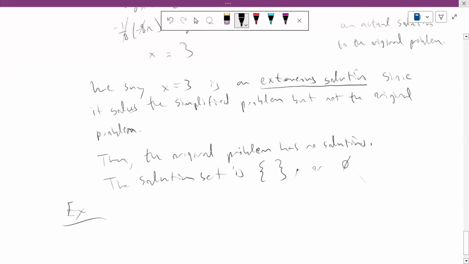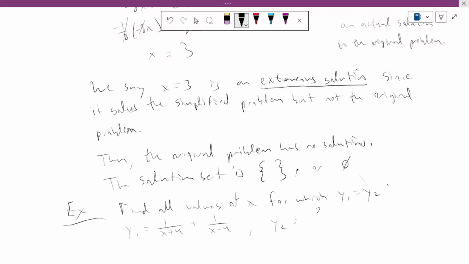So sometimes you'll see rational equations written the following way. Find all values of x for which y1 is equal to y2, right? And so y1 will be equal to, let's say, 1 over x plus 4 plus 1 over x minus 4.